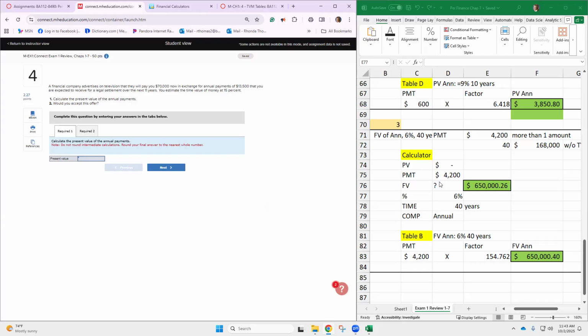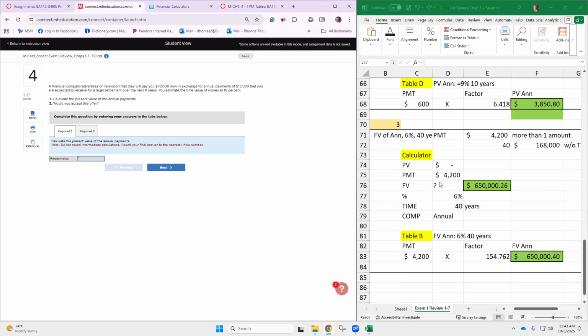Once again, that can oftentimes be a settlement of some sort that you've received.